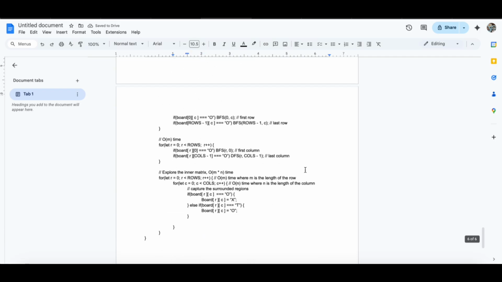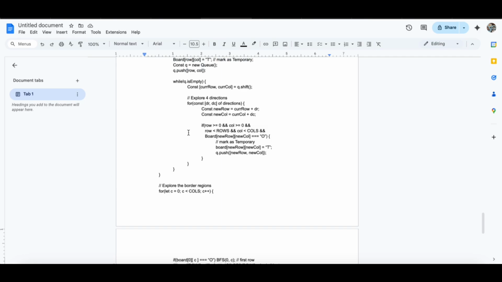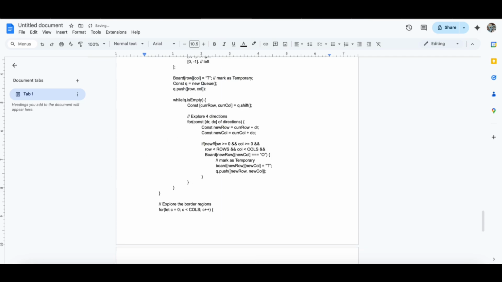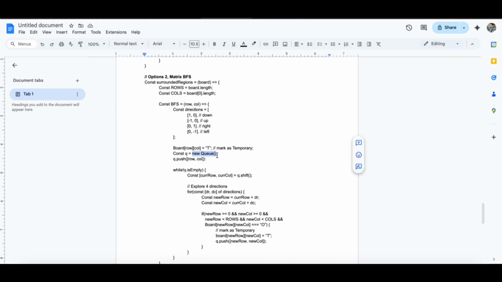Okay, I think that's all. Hold on, I think it's supposed to be new row and new column. The new row is supposed to be smaller than the total rows, right? The new column as well, to be valid both. Okay, this one we can also use an array, by the way. You can just do like this.